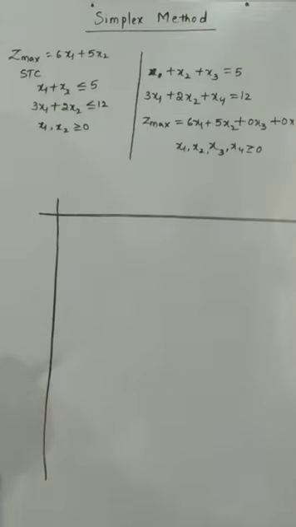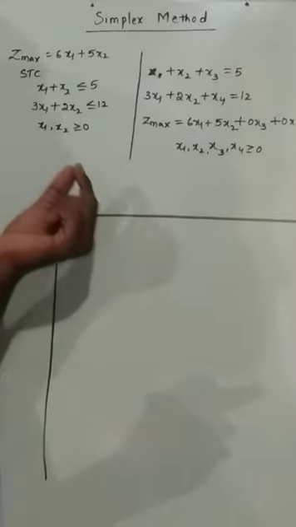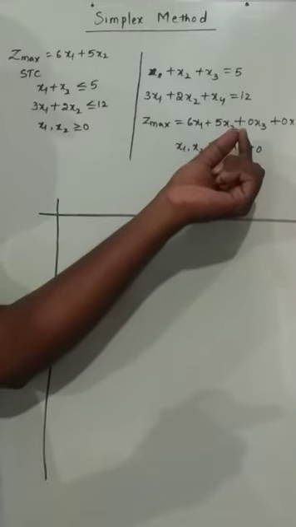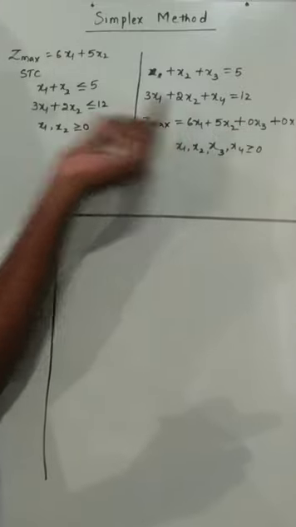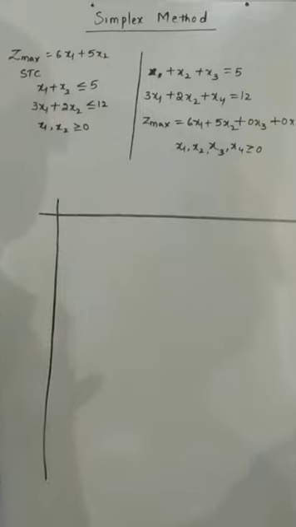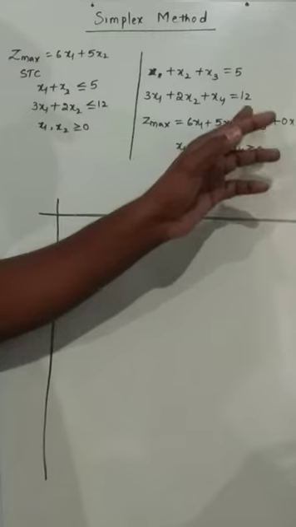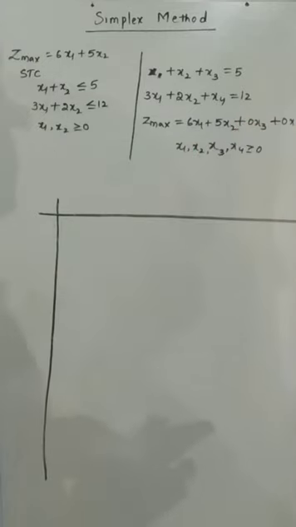Because of that we put 0 over there. If the slack variables gave any contribution, then the objective function would change. So 0 will be multiplied with the slack variables because these variables will not give any contribution to the objective function.